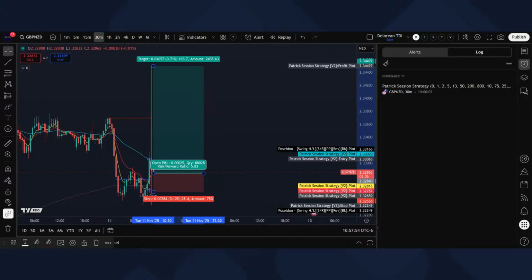Your risk to reward is going to be 5.83. Your entry price is going to be 2.3284. Your stop is going to be 2.32556. And your take profit is going to be 2.34497.